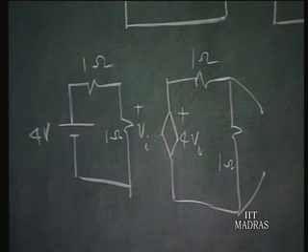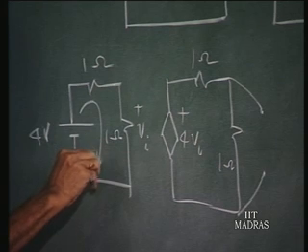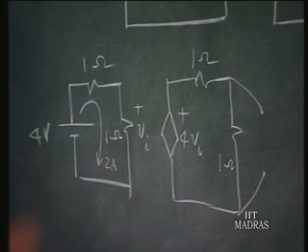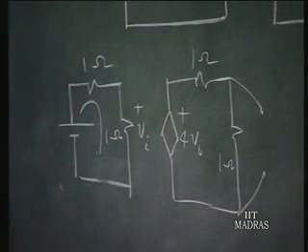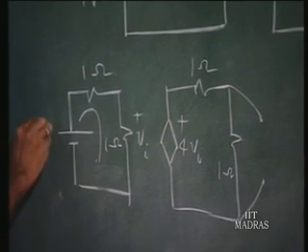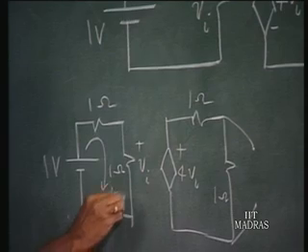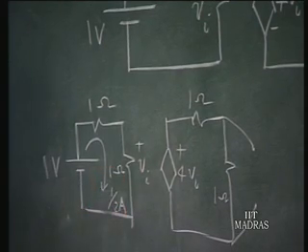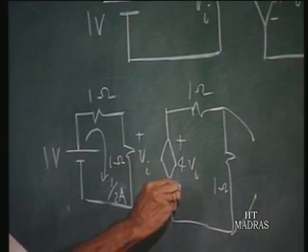So in this network, you have 4 volts driving a 2 ohm resistor, therefore a current of 2 amperes flows through that, and consequently, I am sorry, this is 1 volt. Sorry, this is 1 volt, and consequently the current here is half an ampere, and Vi is 0.5 volts, and 4 Vi therefore is 2 volts.